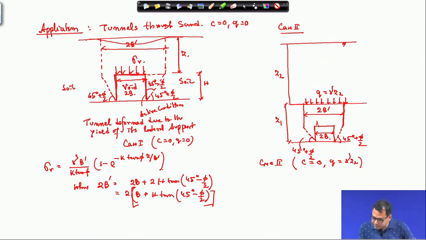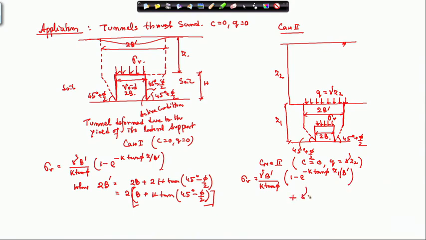So the sigma V which acts on the top of the tunnel is again gamma B dash divided by K tan phi, into 1 minus e to the power minus K tan phi Z1 divided by B dash, plus the Q part, that is gamma Z2 e to the power minus K tan phi Z1 divided by B dash.